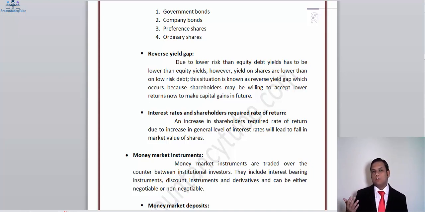So they are required to be compensated for the extra risk which they have taken, and that's why the company has to pay more in terms of dividend to keep them satisfied and keep their money invested.